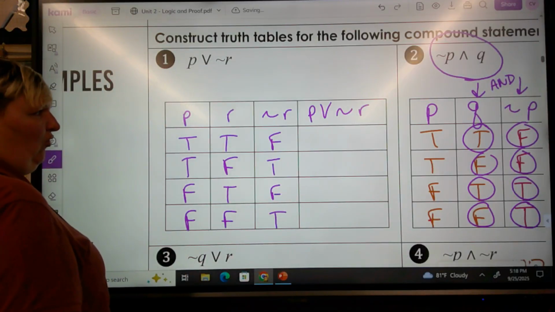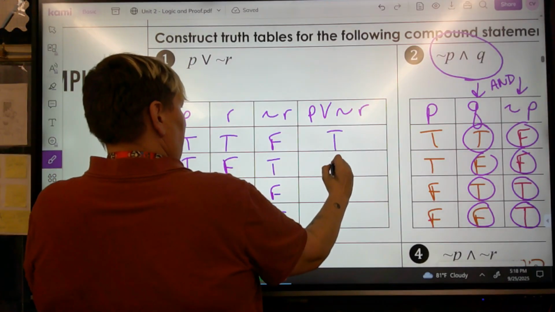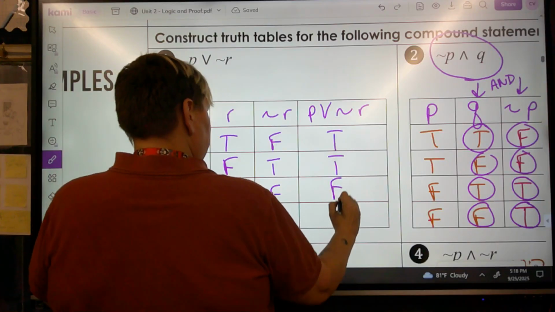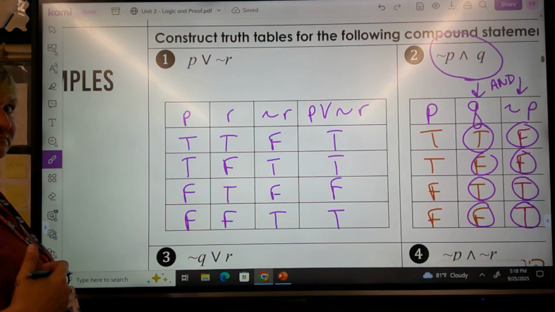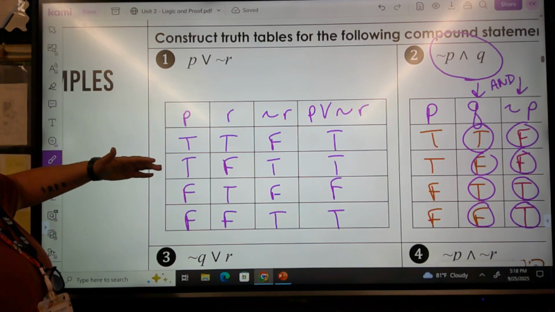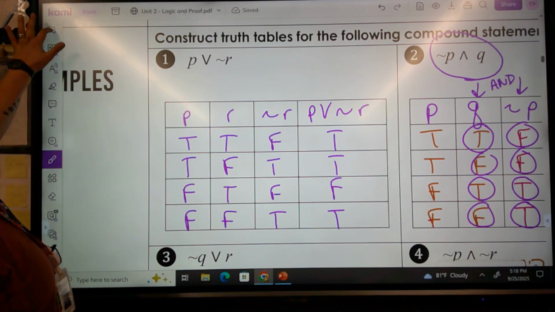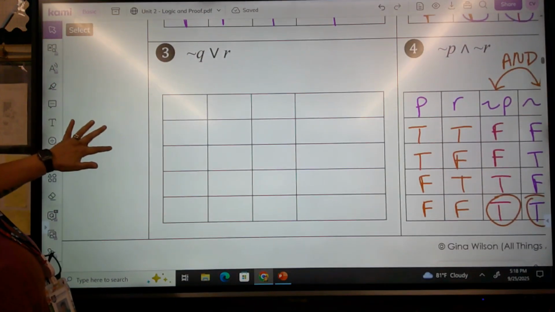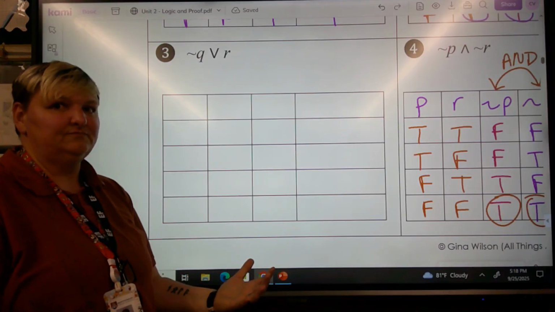And your P or not R should be true, true, false, true. Did you get what I got? If you didn't get what I got, back it up and figure out what you did wrong. Alright? If you're good, pause it and then come back and see if you got number 3 right. Pause it and try to work number 3.